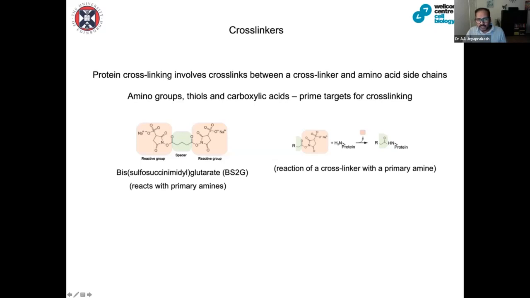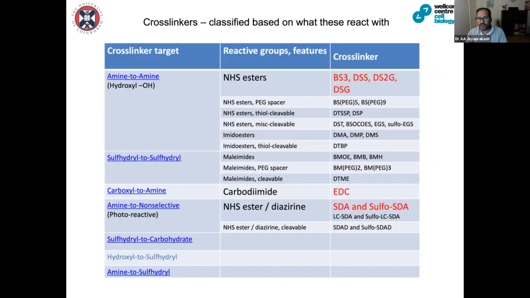The example that I have here is a cross-linker called BS2G. And this mainly reacts with primary amines, which means it can react with the primary amine of lysine or the amino terminus of a polypeptide chain. Upon reaction, the reactive group is replaced by the primary amine of, in this particular case, lysine.